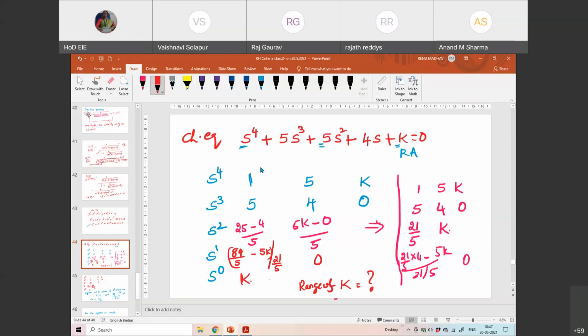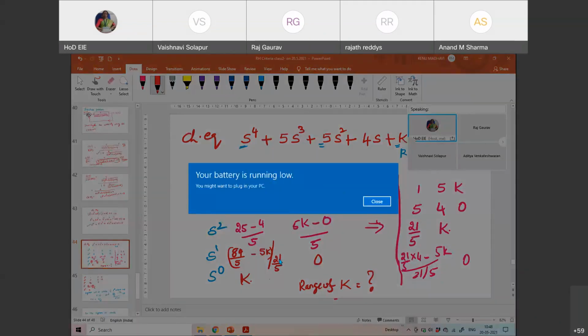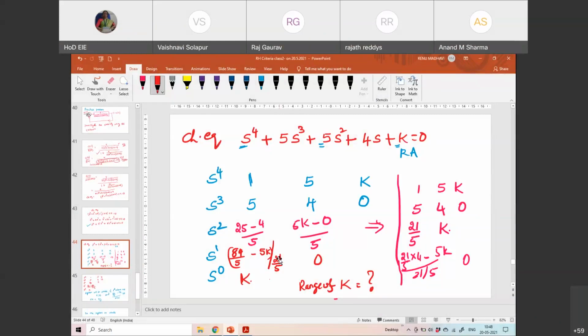In order to decide the stability of the system, you only have to concentrate on the first column elements, correct? What should be the minimum value of k? What should be the maximum value of k for the system to be stable? You have to tell me.